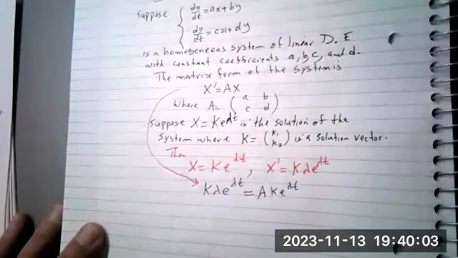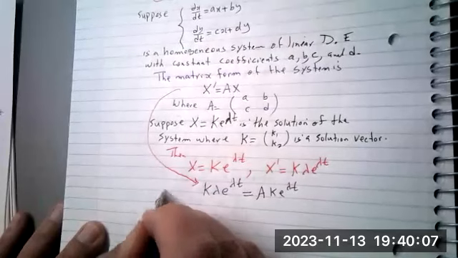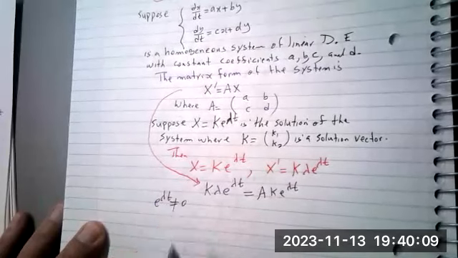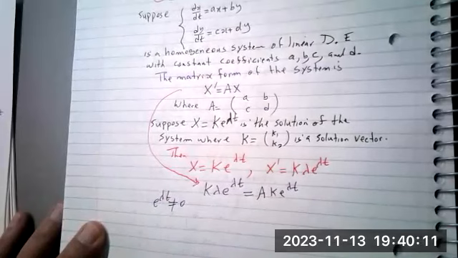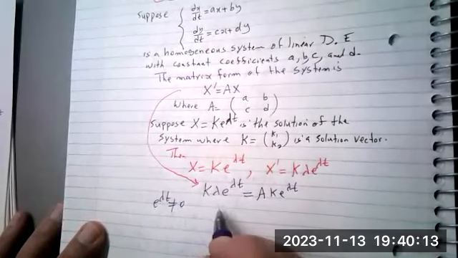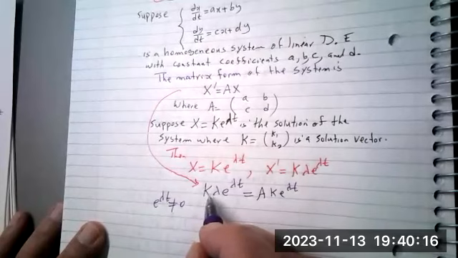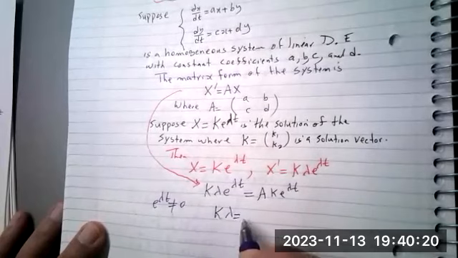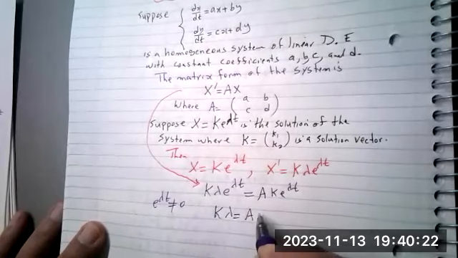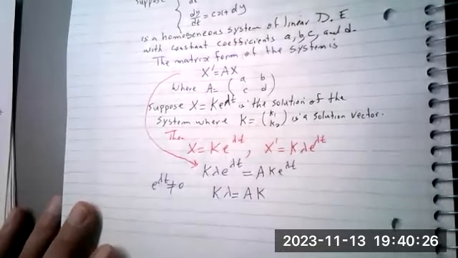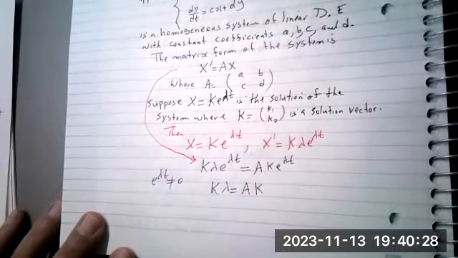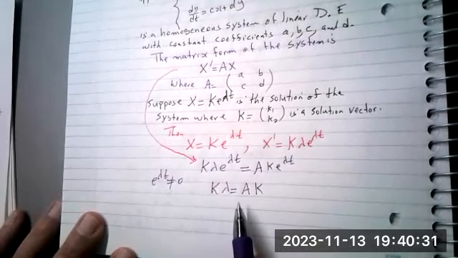The exponential function is never zero, so we can cancel it out. e to the lambda t is never zero, drop it. So the result is lambda K equal to AK. So x would be a solution of the system if it satisfies this.